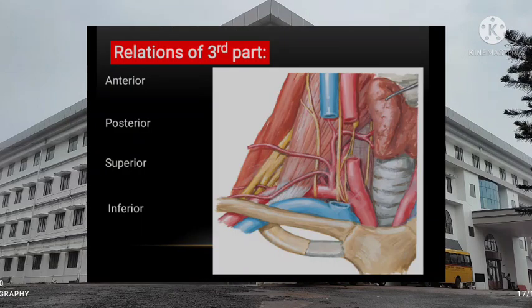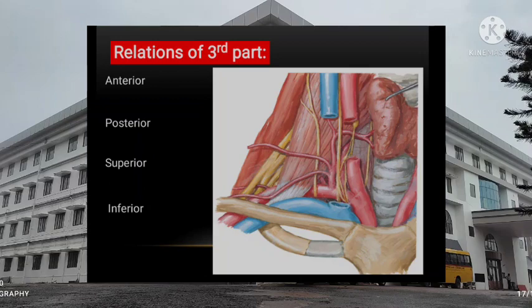The third part of the subclavian artery is anteriorly related with the middle one third of the clavicle and the posterior border of the sternocleidomastoid muscle.